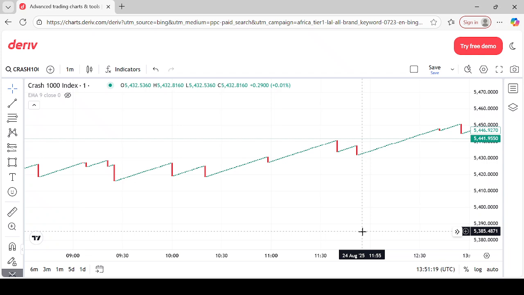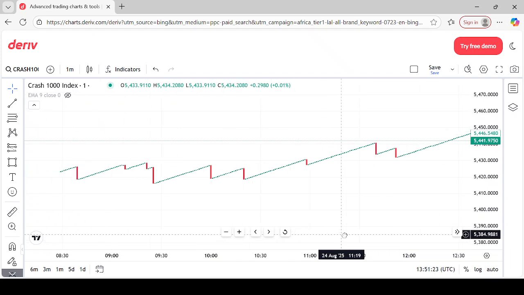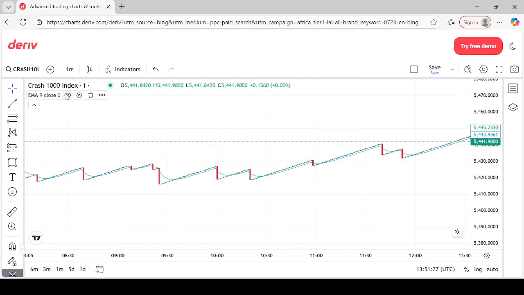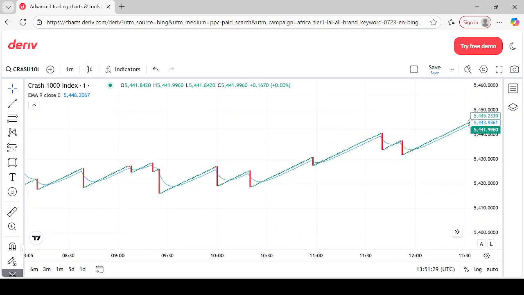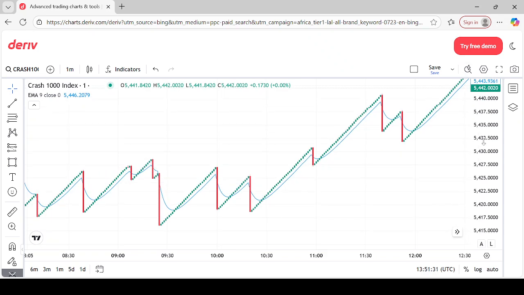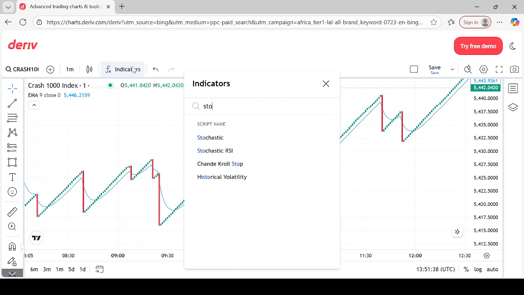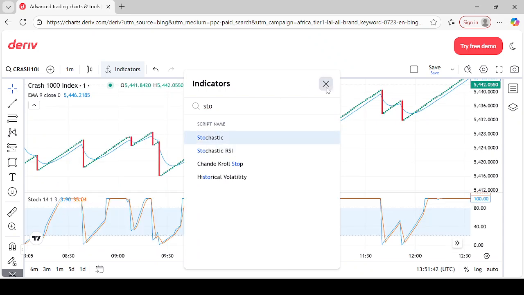You will use this by combining the moving average and stochastic oscillator that can help you identify overbought and oversold conditions. So applying my moving average to this pair and our stochastic oscillator, this would help us better understand this strategy.